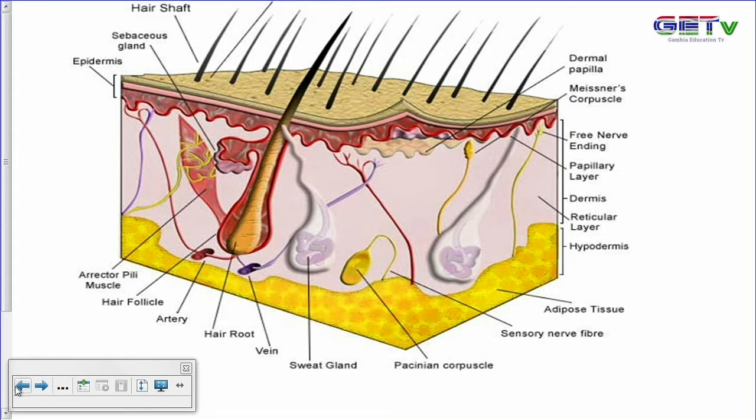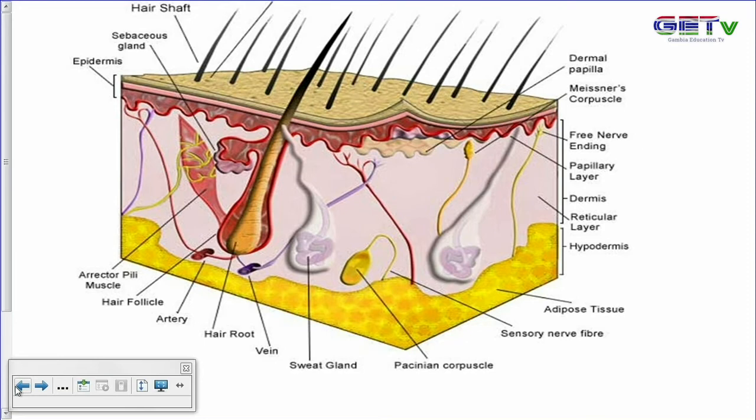to protect the skin. Like for instance, the epidermis is the outer part of the skin, and in the outer part of the skin we have the hair shaft. That's where we are able to feel, okay? And then we have the root hairs.